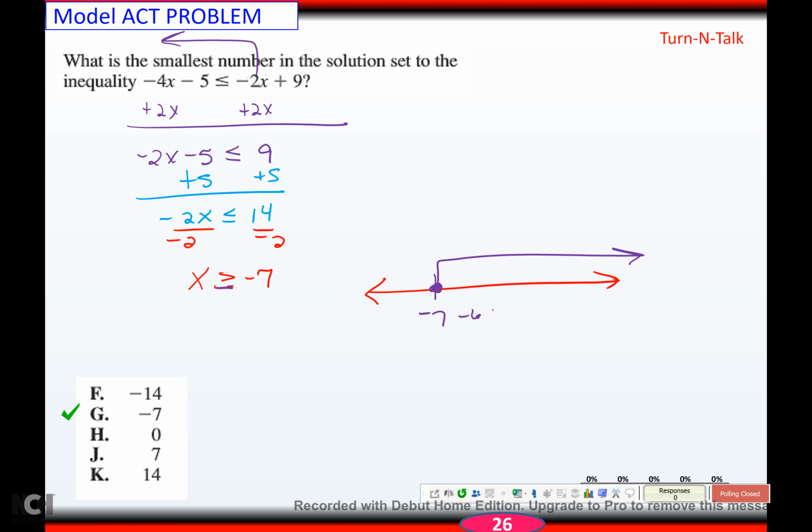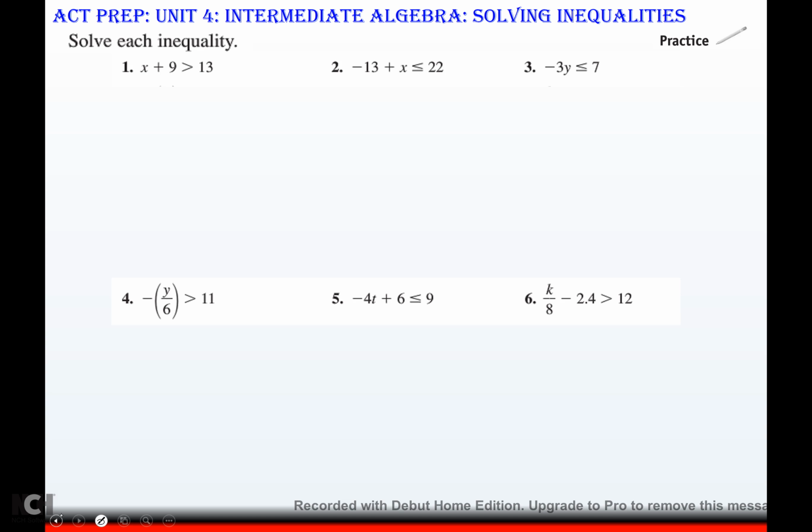So negative 7, negative 6, negative 5, 10, 300, those would all be solutions, okay? And what they want to know, what is the smallest number that's in the solution set? Well, the smallest is the most left, which is negative 7. Okay? Oops.